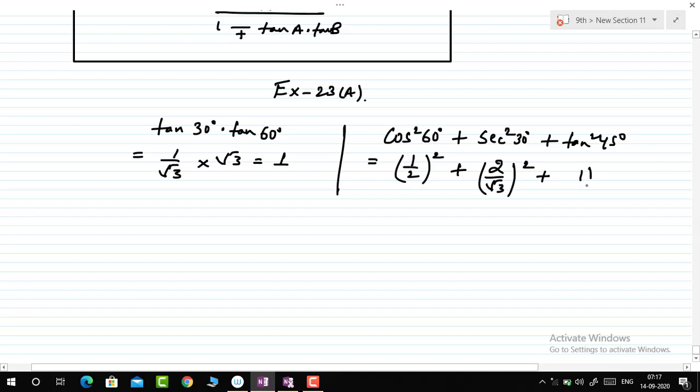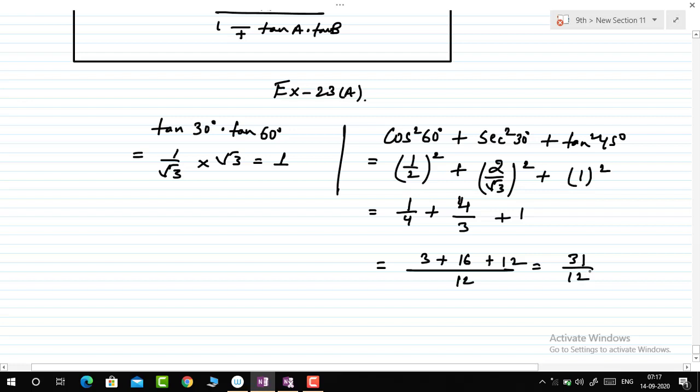Then tan 45 is 1, so 1 square. Once you solve, 1 upon 4 plus 4 upon 3 plus 1, the LCM is 12, so 3 plus 16 plus 12, which gives 31 upon 12. So this is the answer.